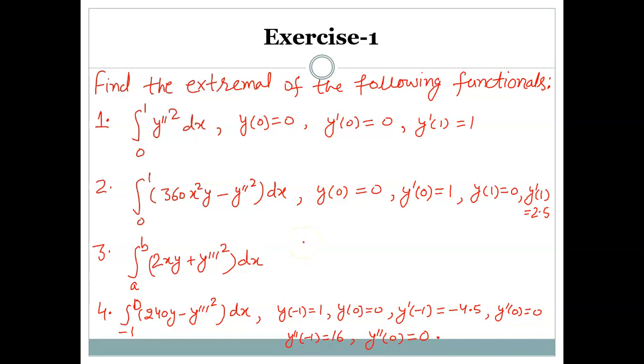No need to determine the arbitrary constants. So you can leave the solution just by calculating y equal to whatever it is.